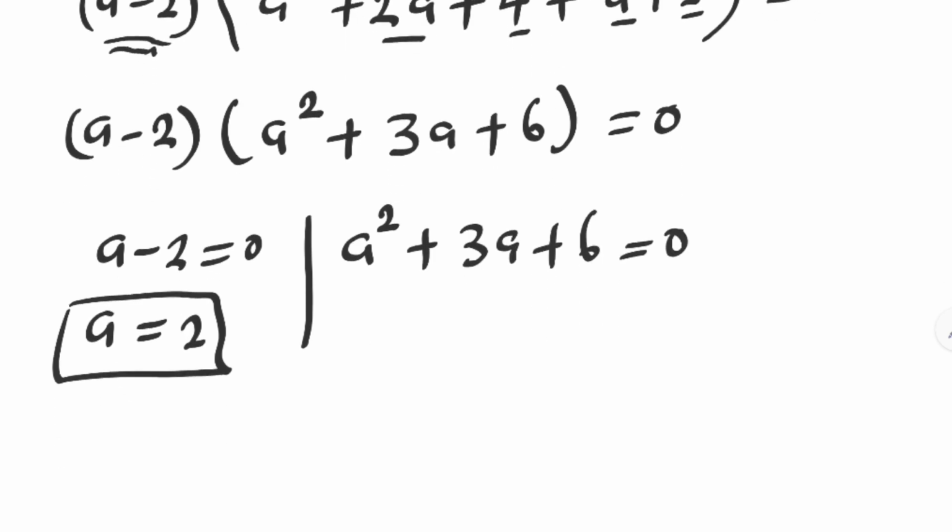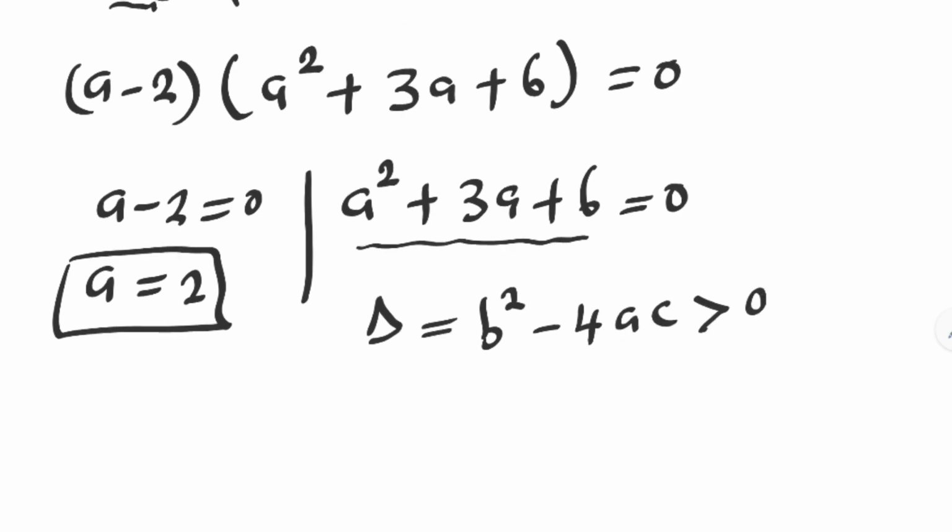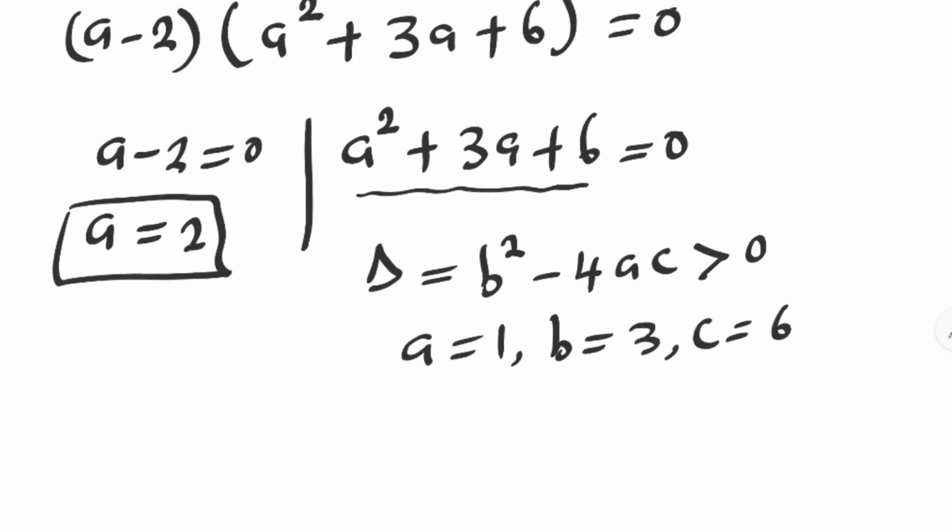But here, we can only solve this using the quadratic general formula. And in order to get the real value here, the discriminant D is equal to b squared minus 4ac, which must be greater than or equal to 0. So from this equation, a is equal to 1, b is equal to 3, and c is equal to 6.